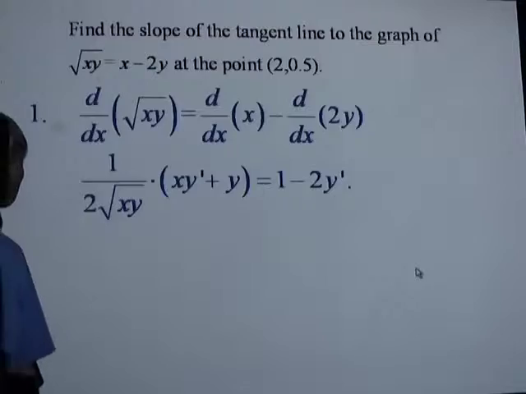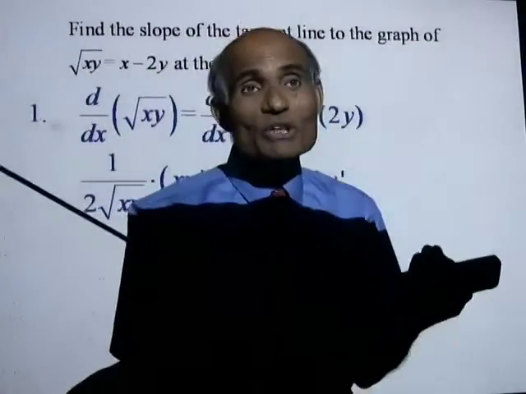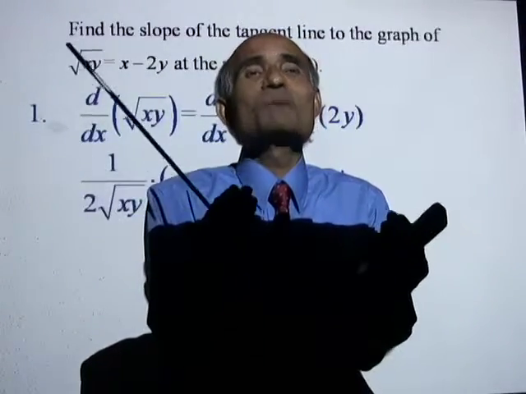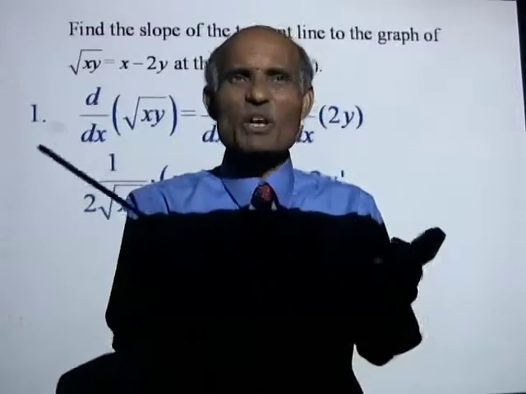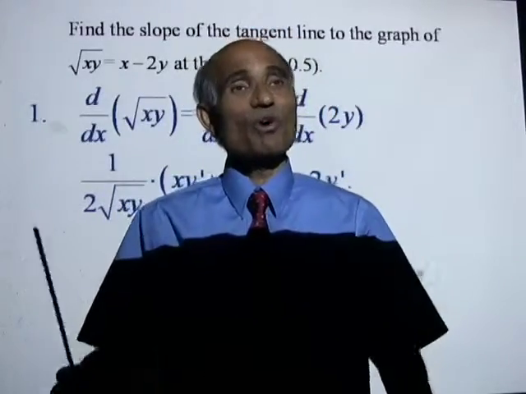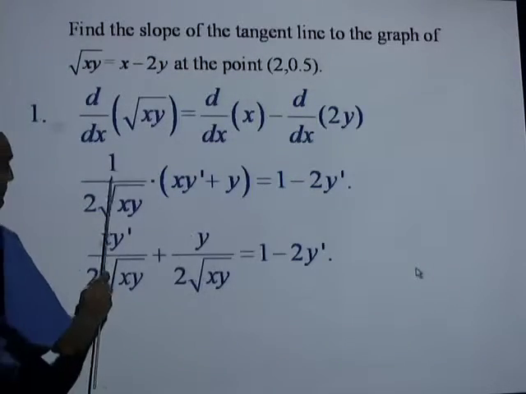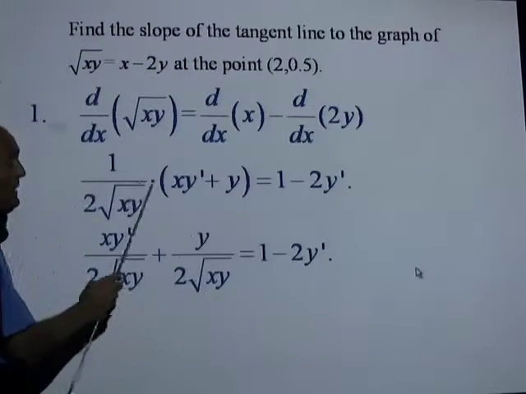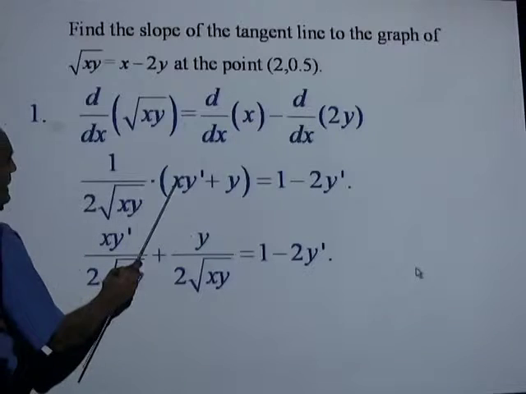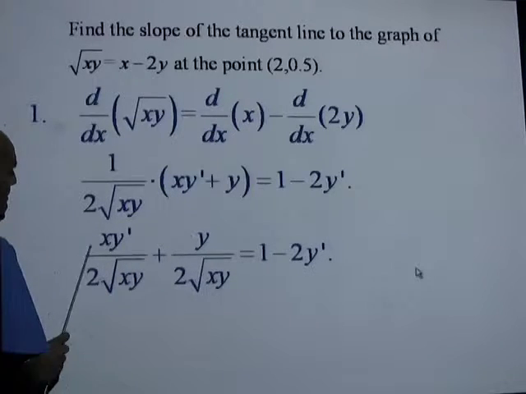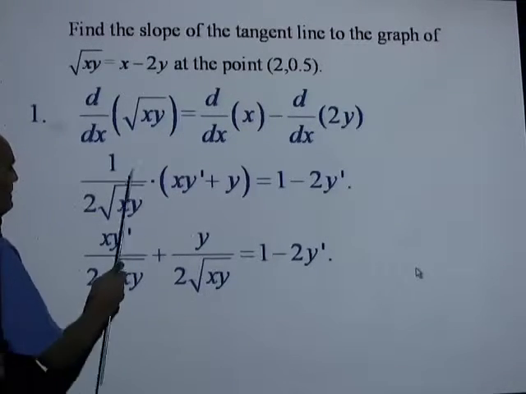Alright, what do we need to do? We need to combine terms in y prime because we are looking for y prime, we're looking for dy by dx. So we first distribute on the left side. That will be xy prime divided by 2 over square root xy.